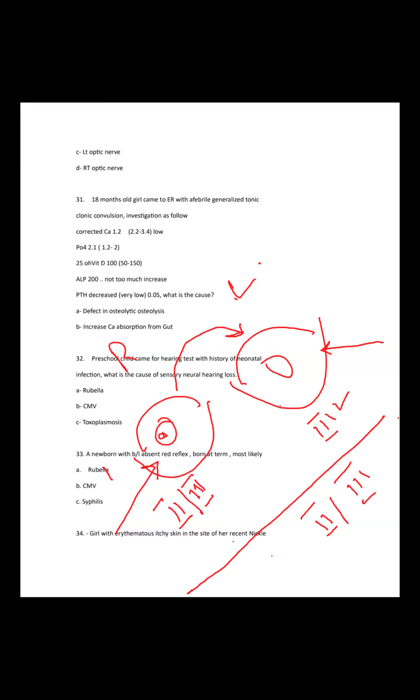Now, how would I confirm that the second optic nerve is okay? I shine the light on the left, but I look at the right side. If the right eye contracted, why did it contract? I was shining the light on the left.